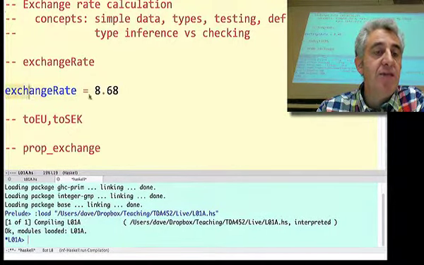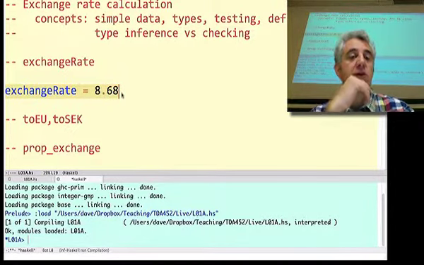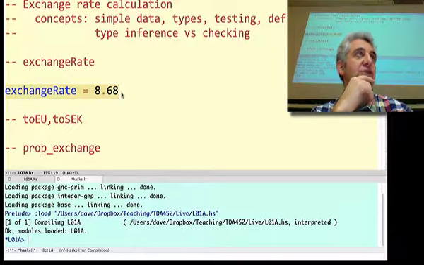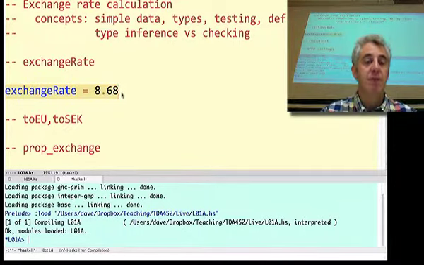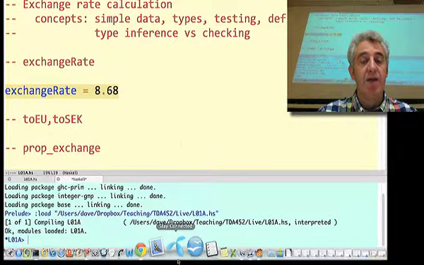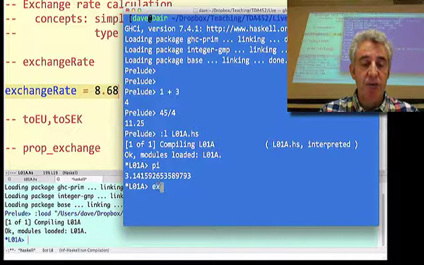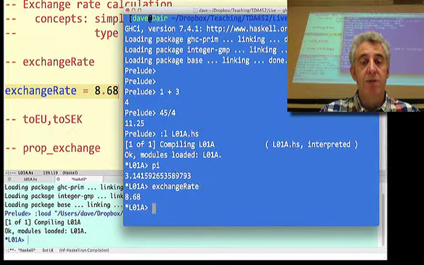It's the definition of the exchange rate from euros to Swedish crowns. That's today's exchange rate. If we go back to our interpreter, I can ask about the exchange rate, and it will tell me what it is.